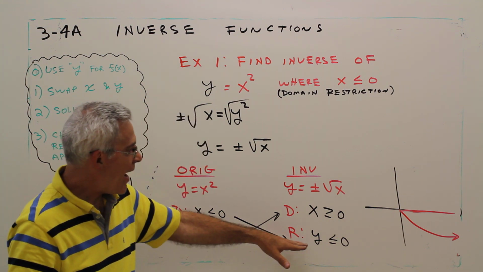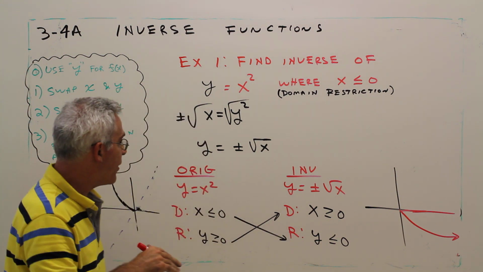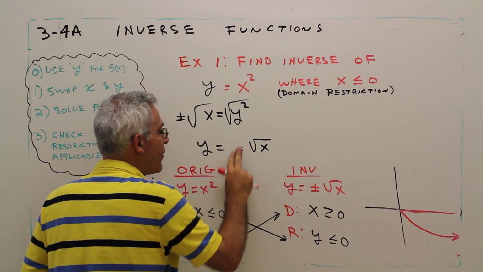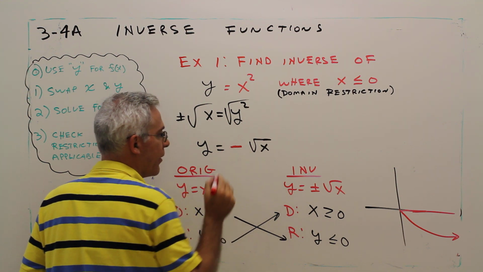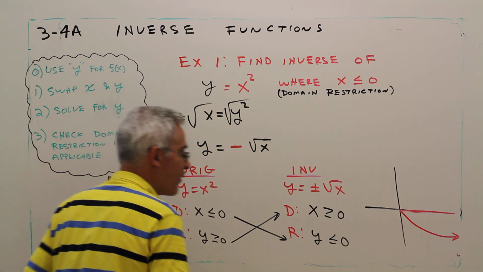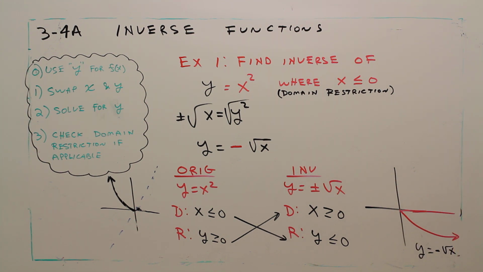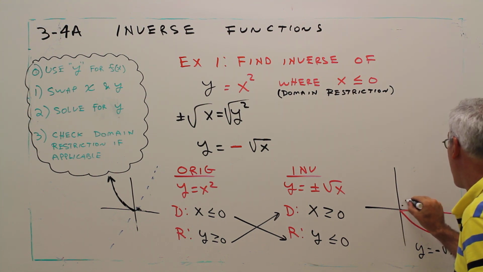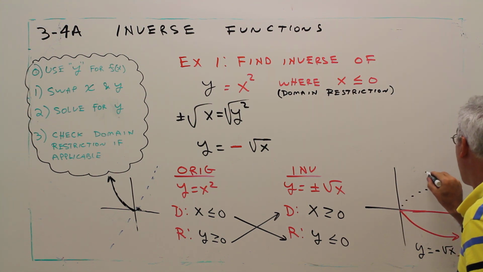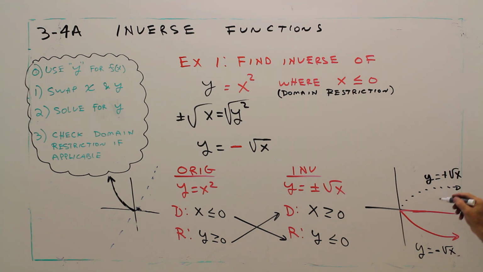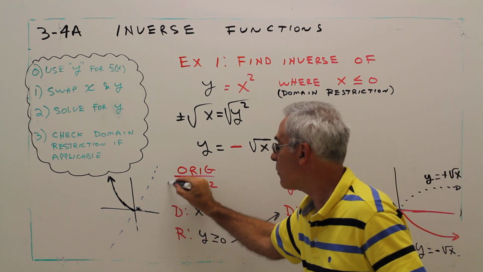So if I want my range to be 0 or negative, I'm going to have this be a negative. Because this part of the graph is y equals negative the square root of x. If I had this part up here, that would correspond to y equals positive the square root of x, if I had that section over there.